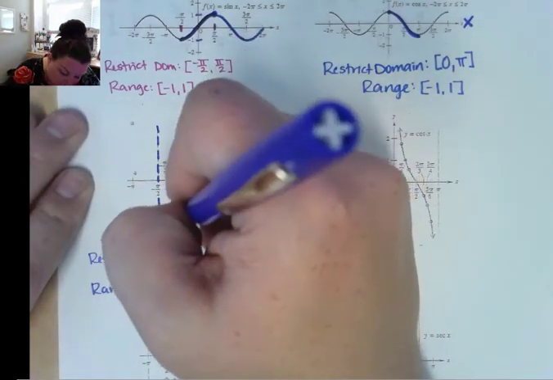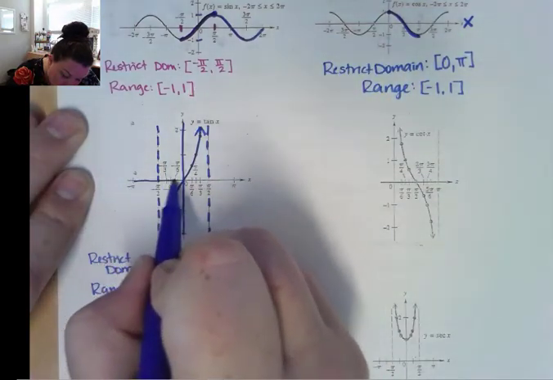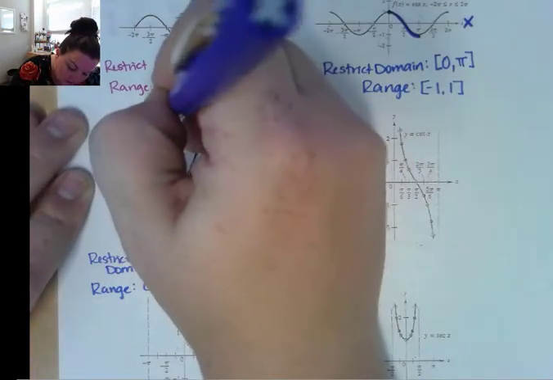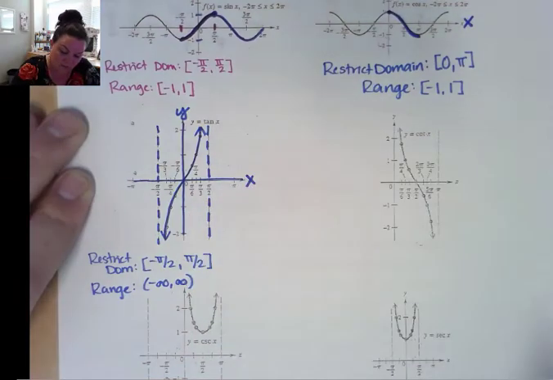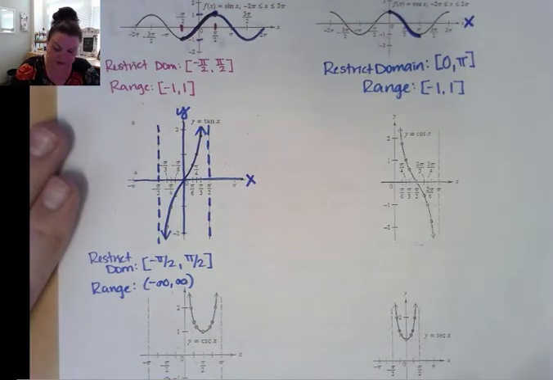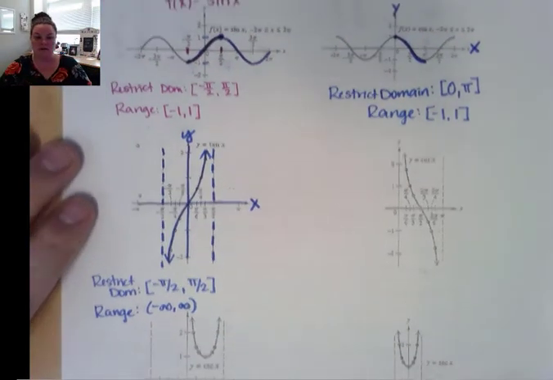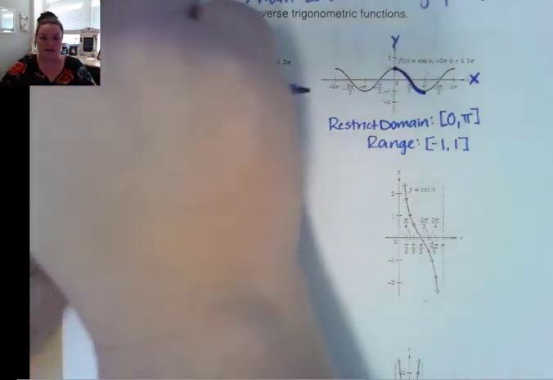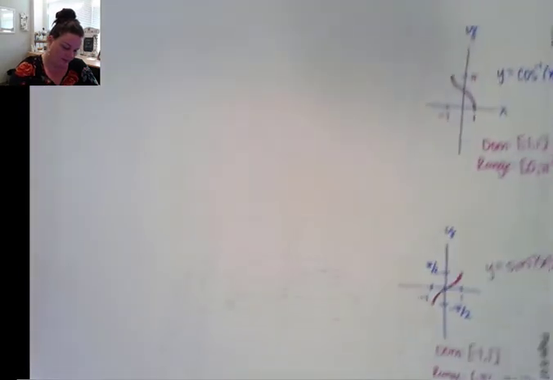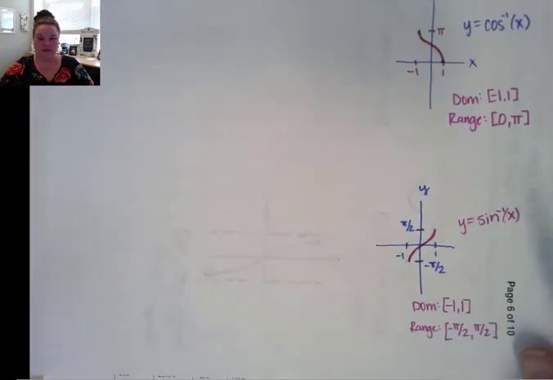All right, and then I'm going to go ahead and copy over my x and y axis so that it transfers over a little bit. Okay. All right, so again, I'm going to grab the top left-hand side of my paper and flip it.